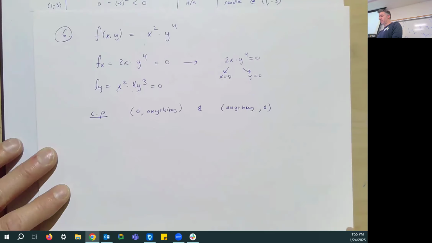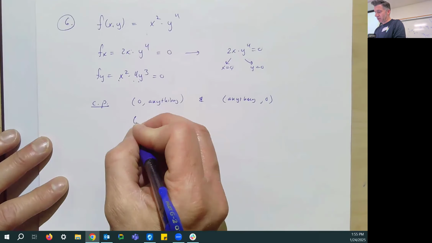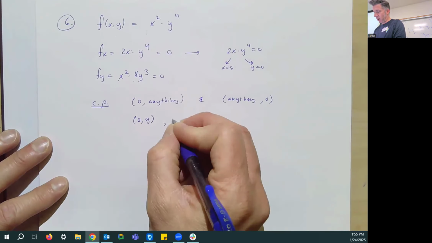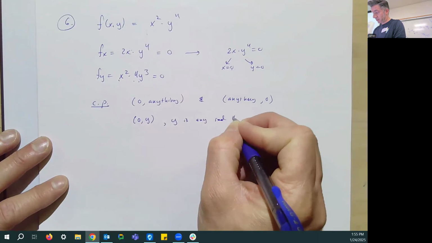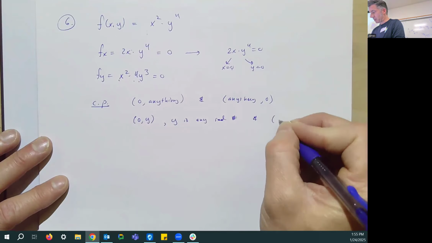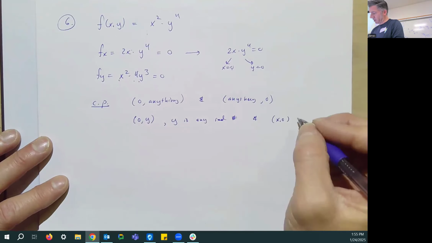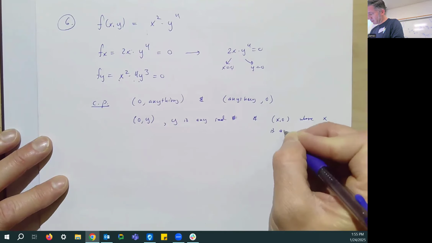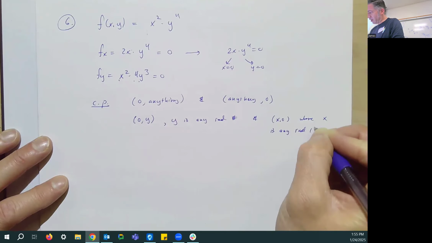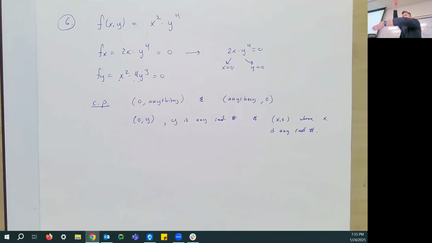Or a little bit more specific way of writing it would be (0, y), where y is any real number, including 0, and (x, 0), where x is also any real number. So in other words, the entire xy axis is all critical points.